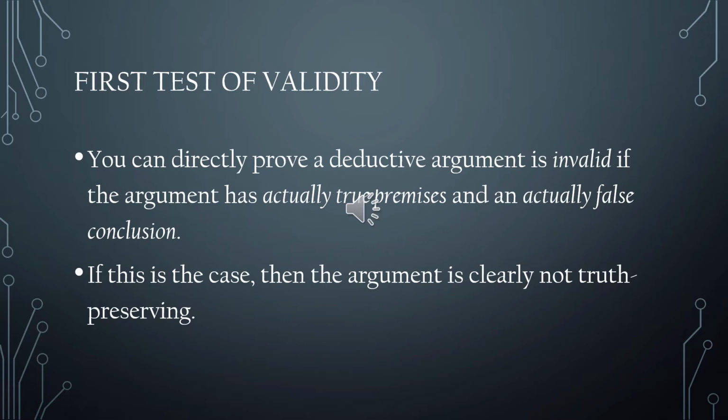You had true premises, but you ended up with a false conclusion. Now in this case, the test is not hypothetical. We're not worrying about if the premises were true because we don't have to. They actually are true. And we don't have to worry about the conclusion being false because it's actually false. So therefore, on the face of it, such a deductive argument is not truth-preserving and is therefore invalid.